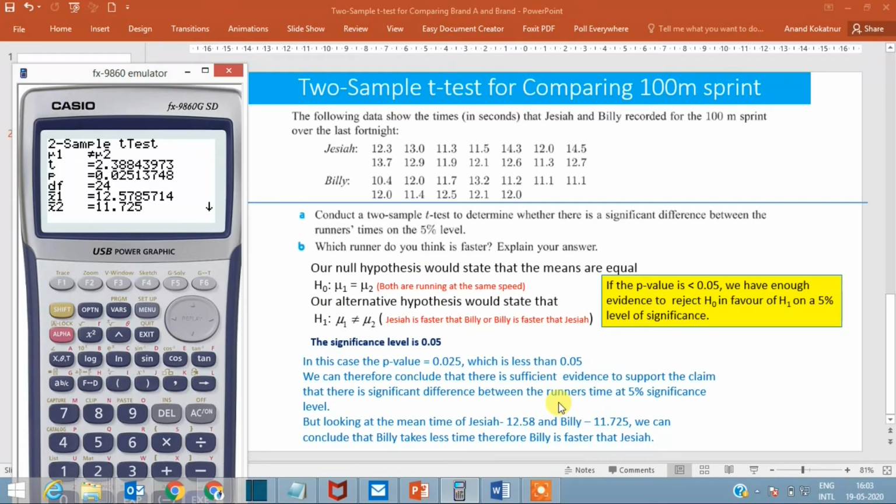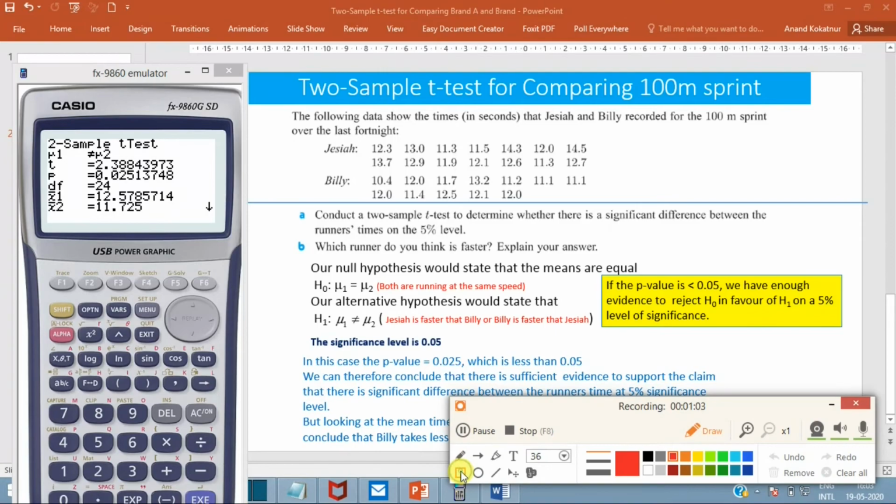Now, in order to say who is faster, obviously, we need to look at the data closer, and therefore, we'll have to look at the two means that the calculator is giving us. The mean for Jessia is 12.58 and the mean for Billy is 11.725.